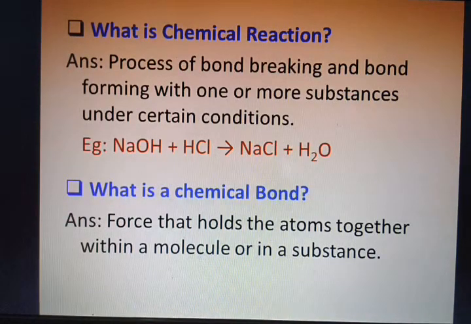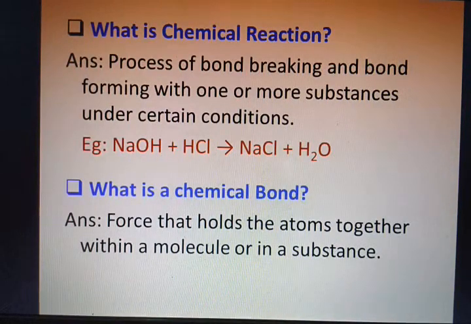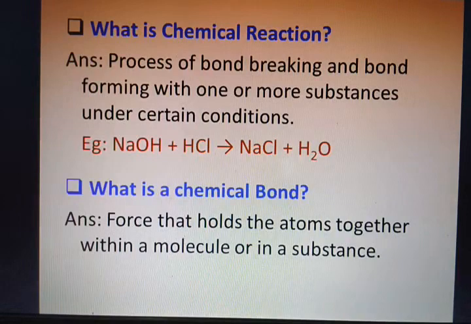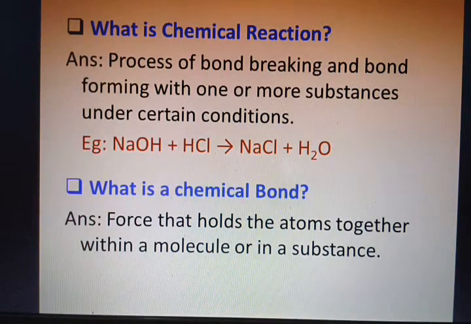In compounds, molecules are the smallest particle, and they are held together by a strong force of attraction. So a chemical bond is basically the force that holds atoms together within a molecule or a substance.